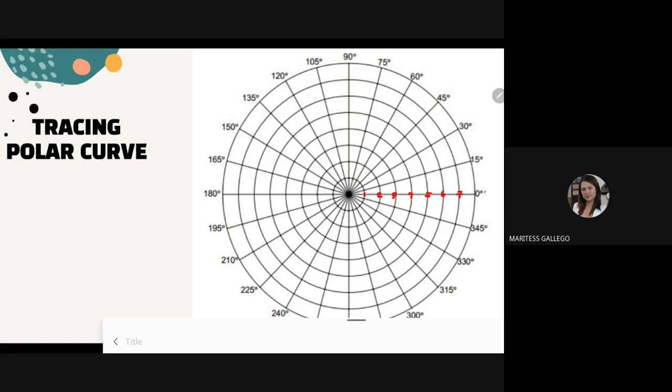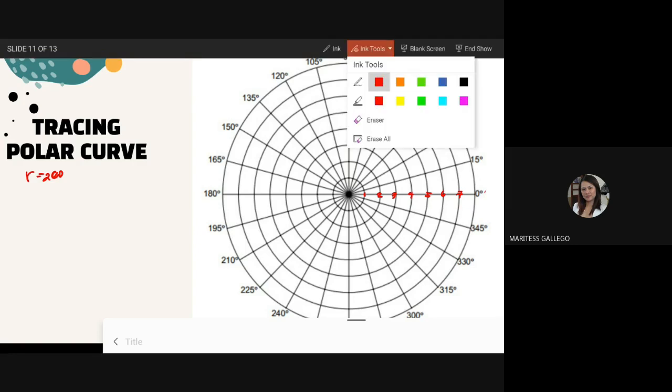And then, what will you do? Let's say you were given now R is equal now to 2 cosine theta. So, ipa-plot nyo lang siya. So, substitute nyo yung mga values ng angle.